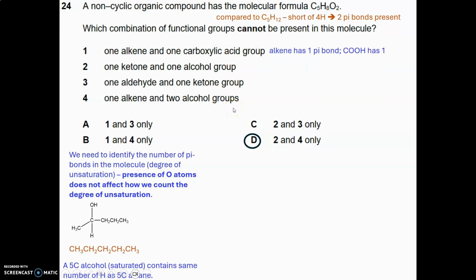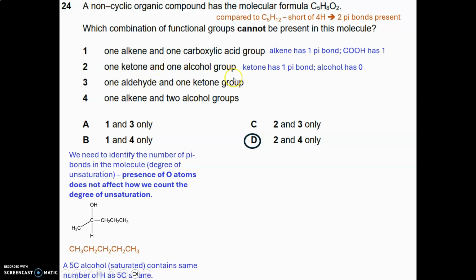Okay? So for number 1, alkene has 1 pi bond. The carboxylic acid group also has 1 pi bond. So this combination is possible. Secondly, ketone has 1 pi bond, alcohol has no pi bonds, which means that there's only 1 pi bond, so this is not possible.